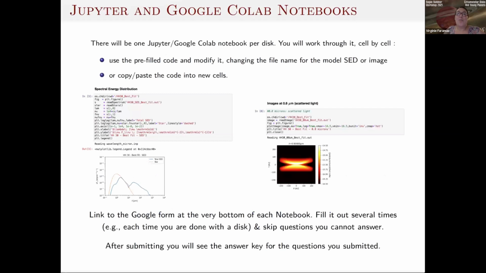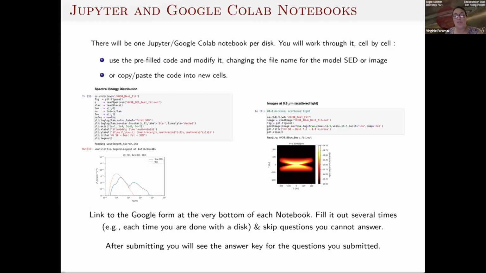And so there will be one notebook, either Jupyter or Google Colab, per disk, and you will work through it cell by cell. This is how it looks. You have a cell here with pre-filled code that produces a plot. Whenever we want you to explore a parameter, you have a set of files with different names.